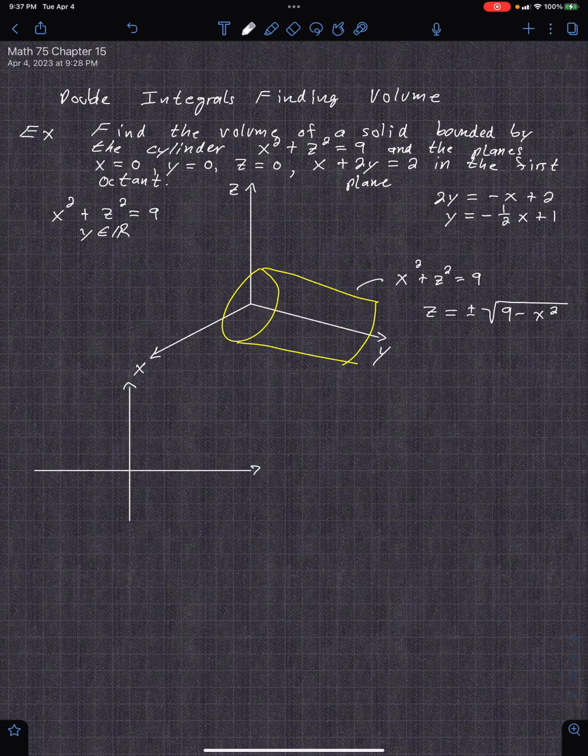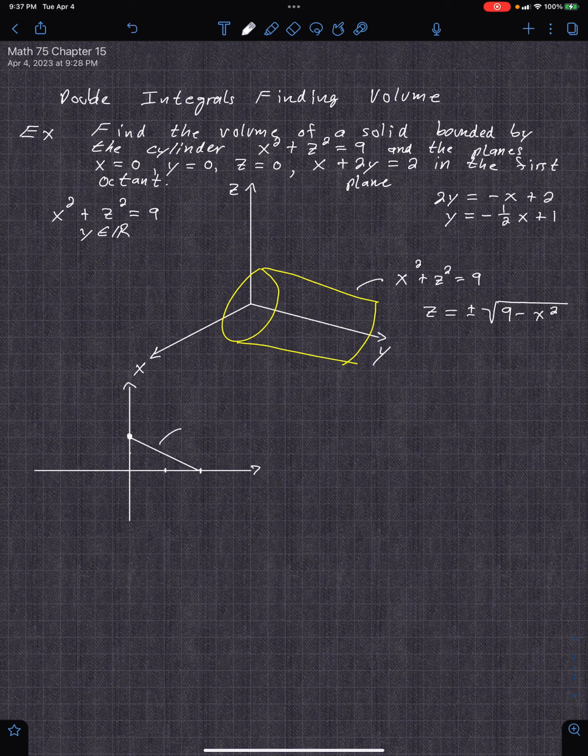And that is a line up 1 with a slope of negative a half. So we're up 1, and then a slope of negative half is down 1 over 2, so it's going to be like that. It's going to cross at 2. Let's make sure that looks right. Yeah, it looks right. So it'll look like this. And it's in the first octant, so it's just that piece.